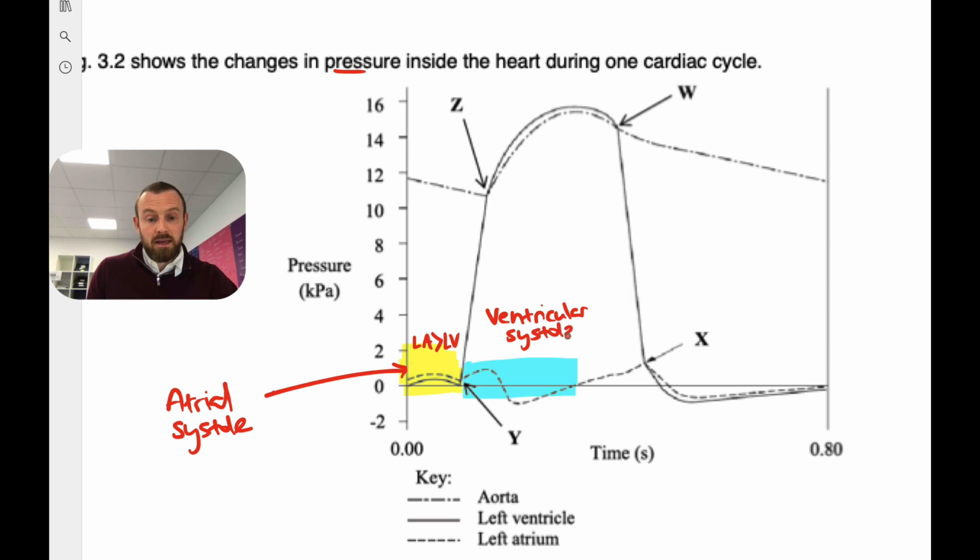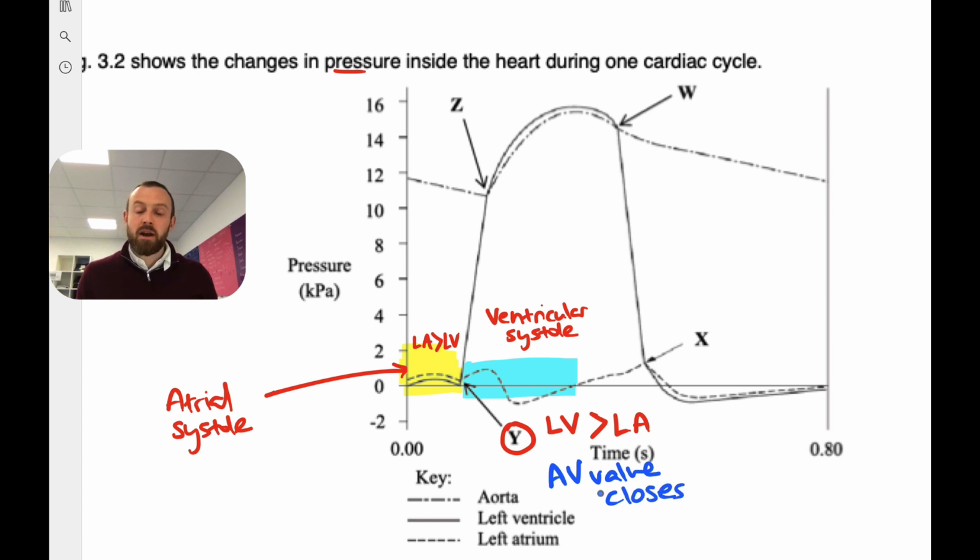Right at the beginning of ventricular systole, at point Y, this is the first thing you really need to talk about in detail: the pressure in the LV now becomes greater than the pressure in the left atrium. So the pressure in the left ventricle rises above the pressure in the left atrium, and therefore a valve closes at Y, the AV valve closes.